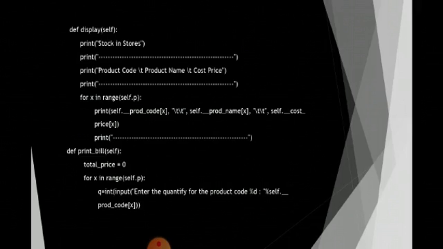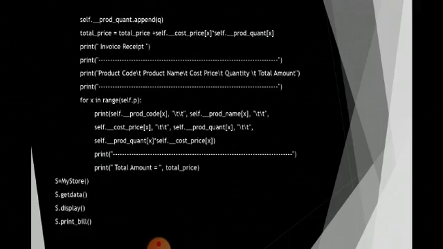Okay, so in that bill I have to write the product code and quantity in the list. So self.product_quantity.append(q), and then we calculate the total price.